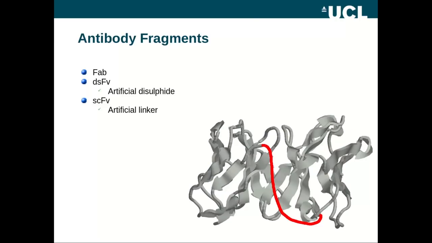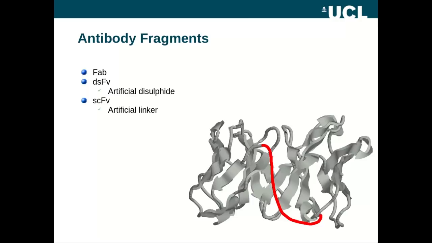The second thing you can do is take the FV region and artificially link either the C terminus of the heavy chain to the N terminus of the light chain, or vice versa, the C terminus of the light chain to the N terminus of the heavy chain. And I've just sketched in as a red line what this linker would look like, because the linker tends to be quite flexible.